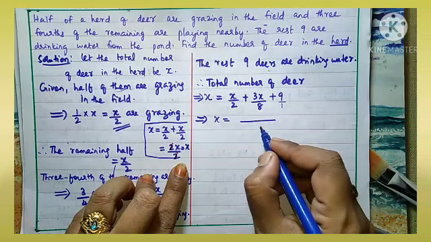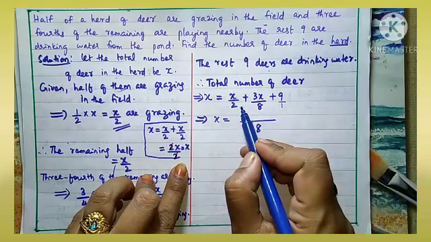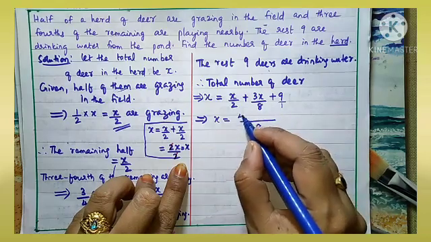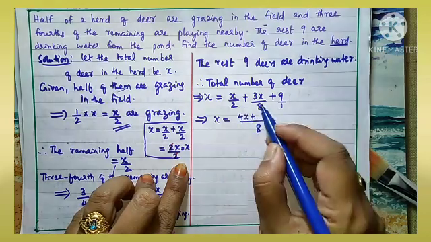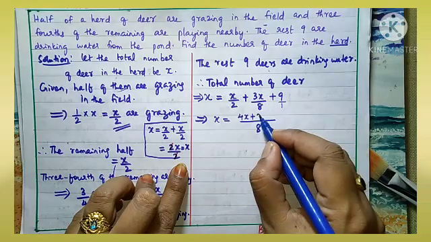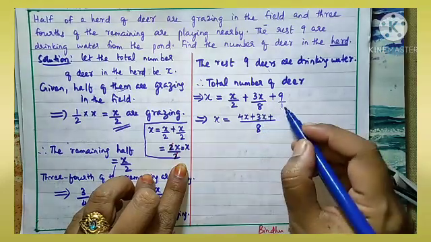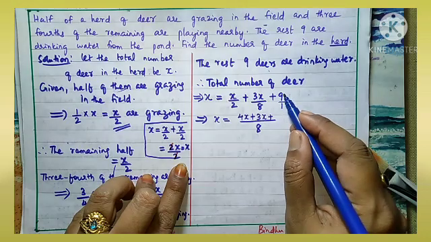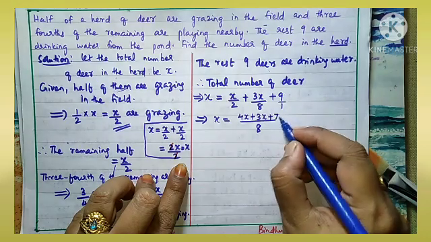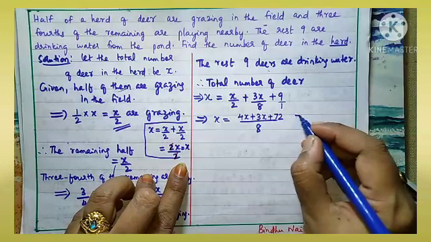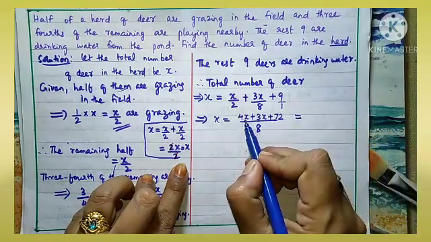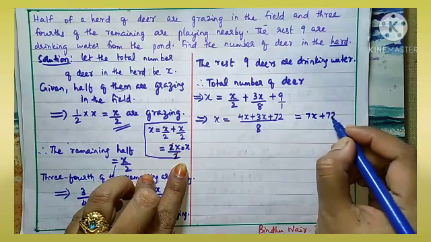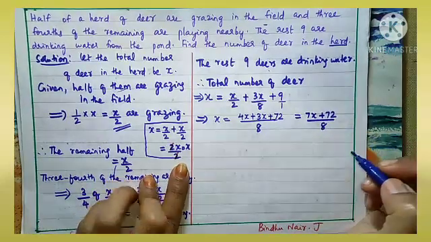It is 8. So 2 fours are 8. First fraction, multiply by 4, so you will get 4x plus, next, no change, so 3x plus, here 1 into 8, 8, so multiply that 8 by 9. 9 eights are 72. So you are getting, add this 4x plus 3x, 7x, so 7x plus 72 by 8.